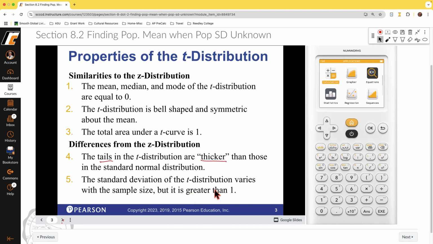The standard deviation varies with the sample size, but it's always greater than 1. But that's why we're going to be looking at the sample size. As the sample size changes, so does the adjustment to the standard deviation. Remember, we are dividing by the square root of n, so the standard deviation itself will change with the t-distribution.